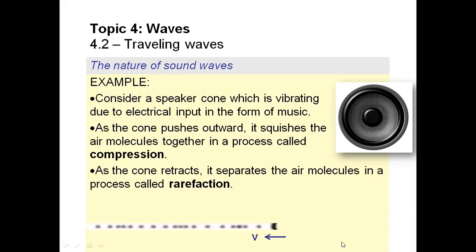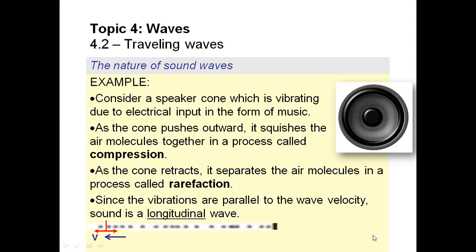The direction of wave velocity is to the left side. And we can clearly see that the direction of vibrations of air molecules is left and right. So these two directions are parallel, and we can easily say that sound waves are longitudinal waves.